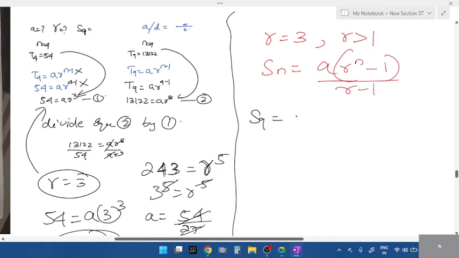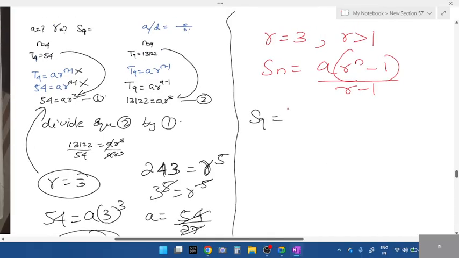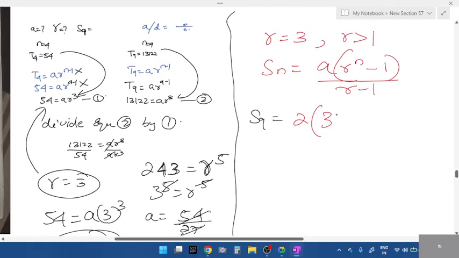S of 9 is equals to, A value is 2. So 3 minus 1 is 2, students.